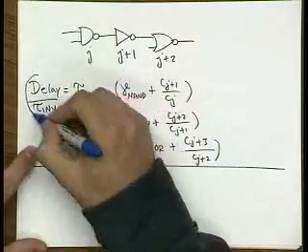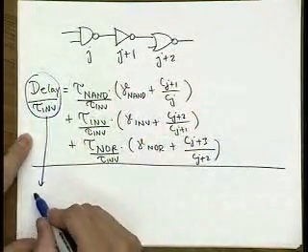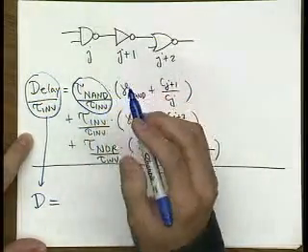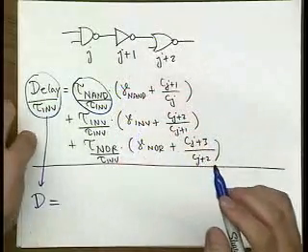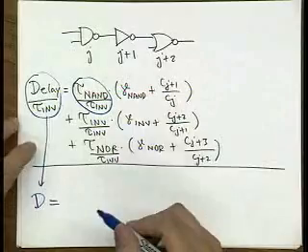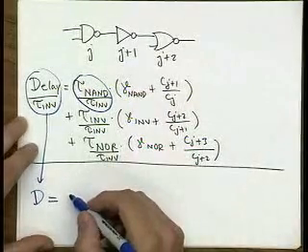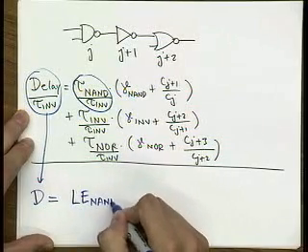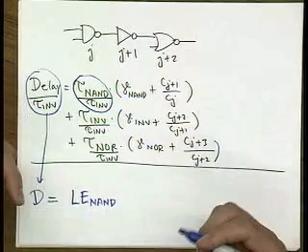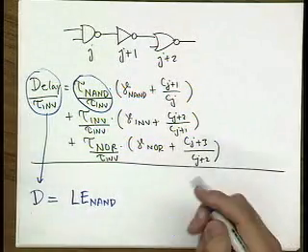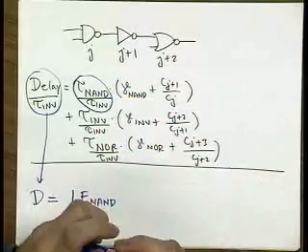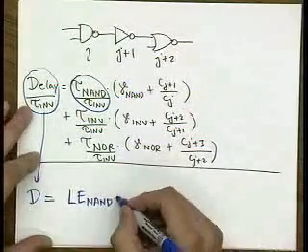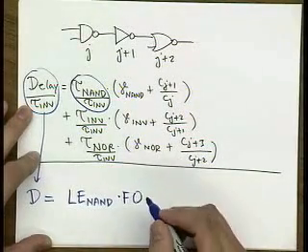So I say this is now equal to my normalized delay. This parameter is now basically equal to my logical effort. So the ratio of the time constants of a gate and an inverter, that's basically the logical effort. And that's going to be clear in a second why it is so. And then I have this fan out.